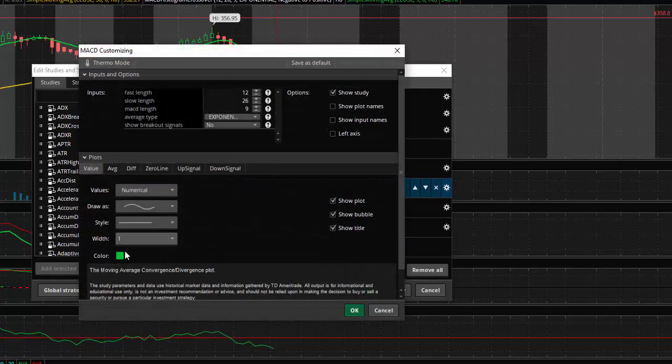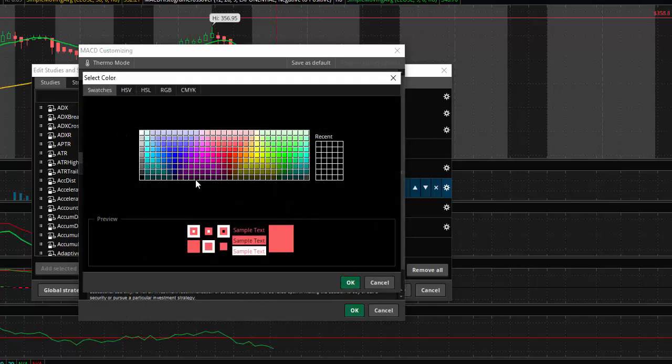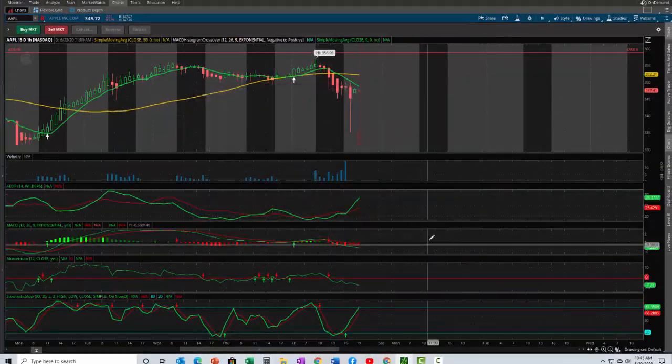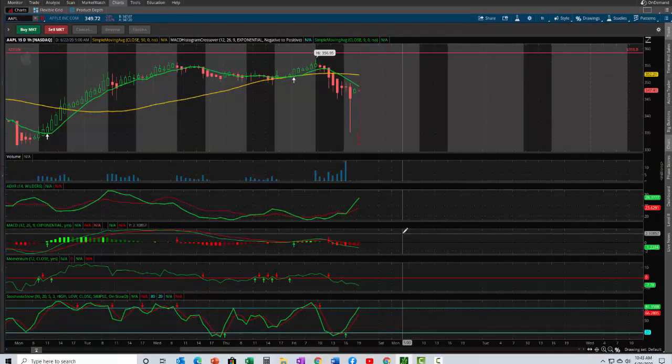Let me do that really quickly. Breakout signals, yes. Up signal green, down signal red. All right, and there we have it.